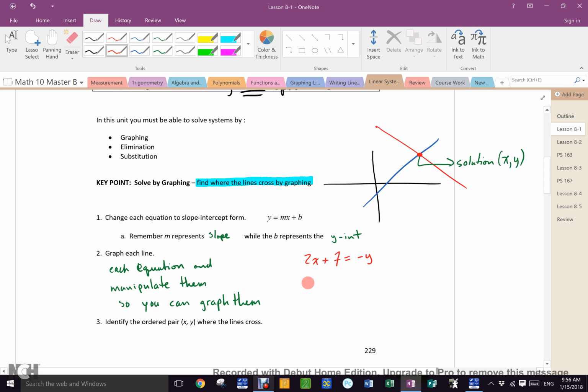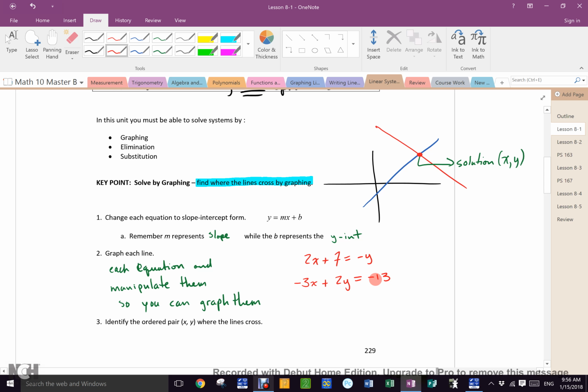And then let's go with negative 3x plus 2y equals, there.